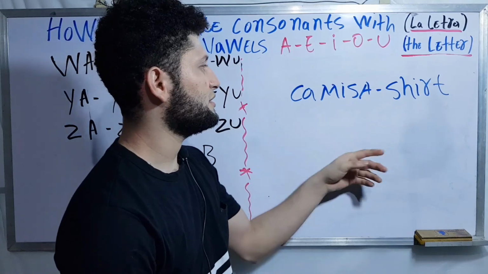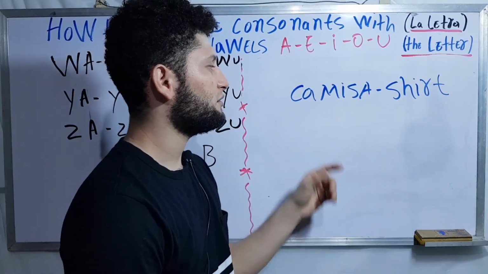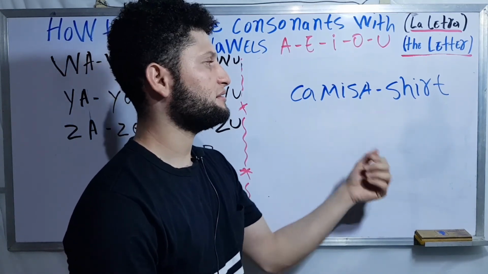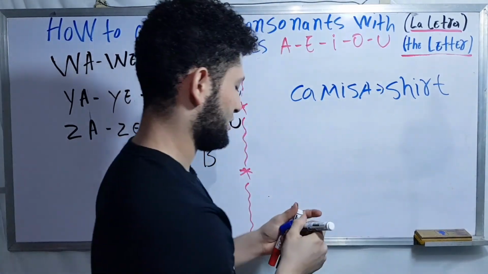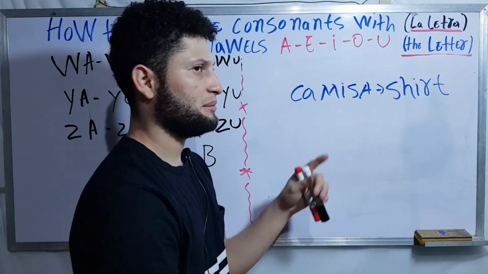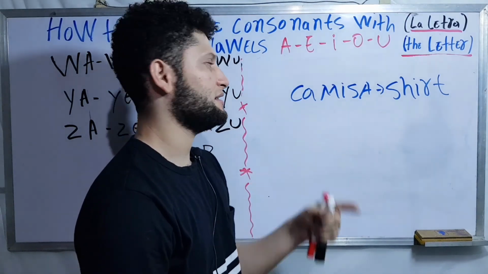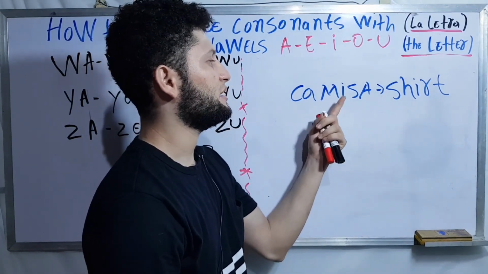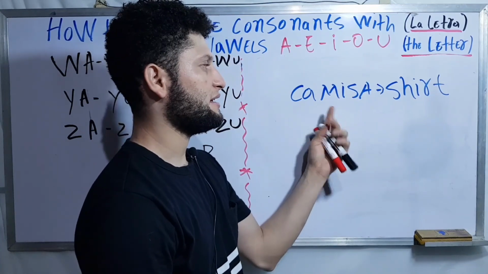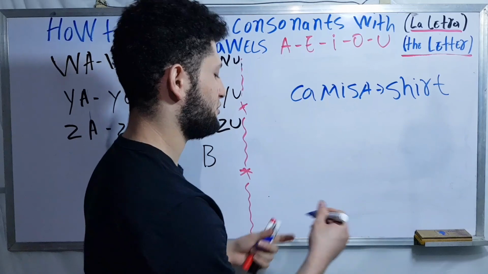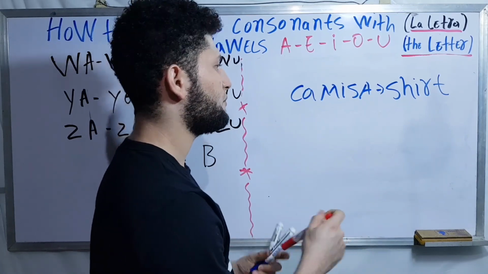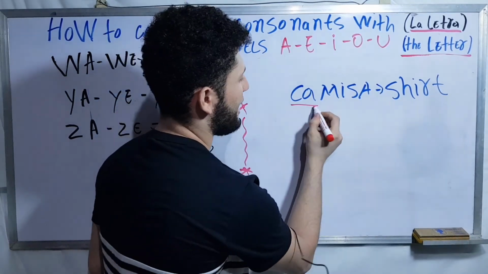Shirt, or camisa, which means shirt. Remember, C plus A is ka, M plus I is mi, and S plus A is sa. So you can break up the word camisa.